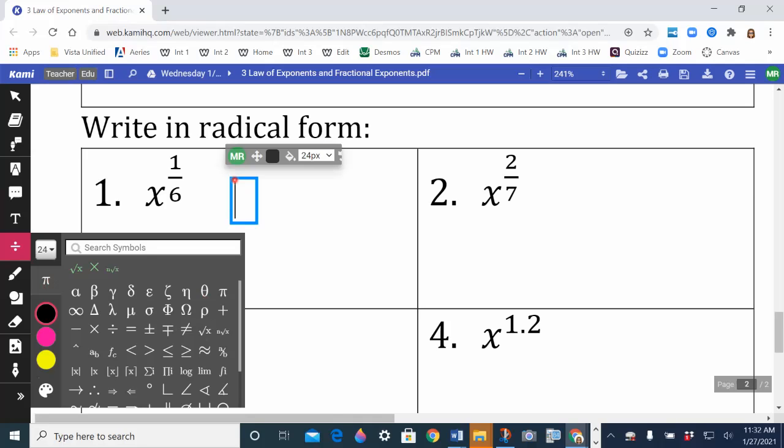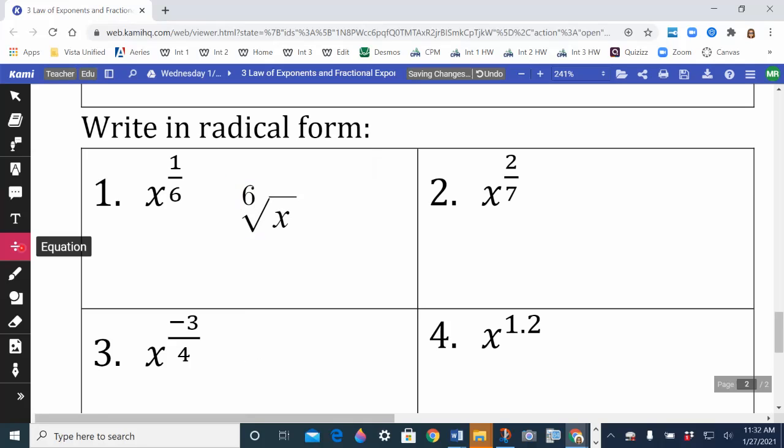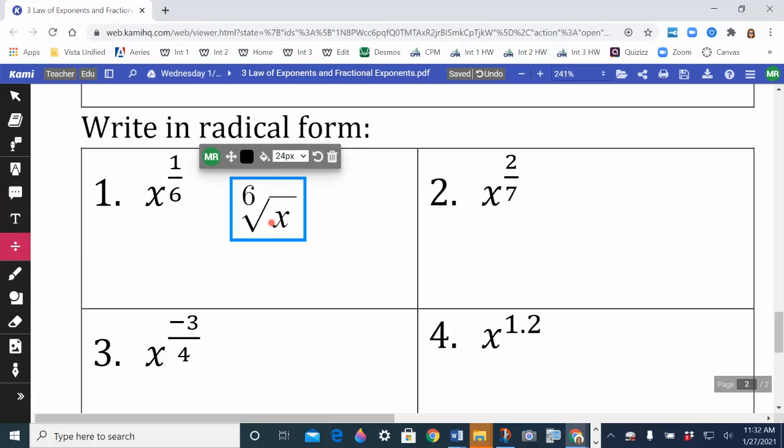And if I want to write the 6th root, this is my nth root. I would put my x here, and I would put my 6 here, and I could get the 6th root of x, and that would be my answer. I'm going to fill this so you can see what I wrote.